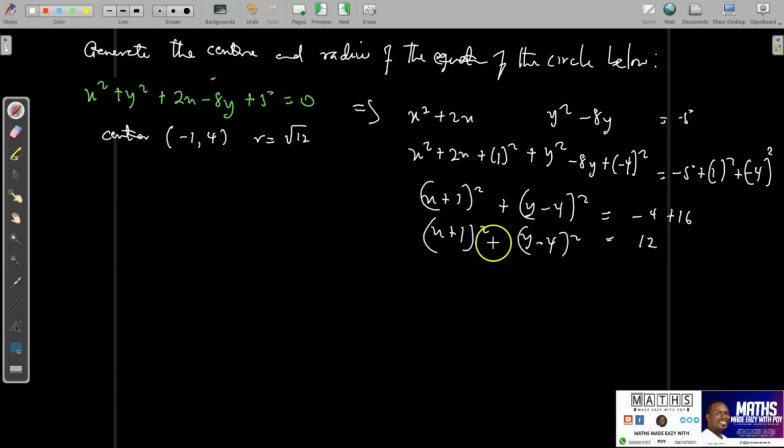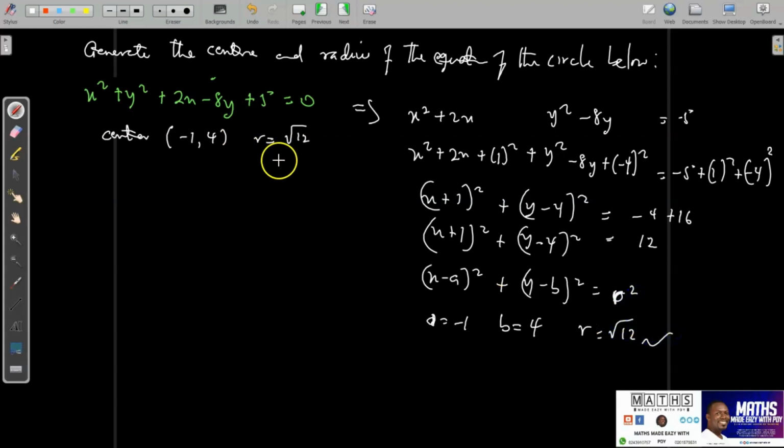Then you compare whatever you've had with x minus a all squared plus y minus b all squared equals r squared. Upon investigation, it means a value is -1, b value is actually 4, and r value is going to be, this must be r squared, square root of 12.